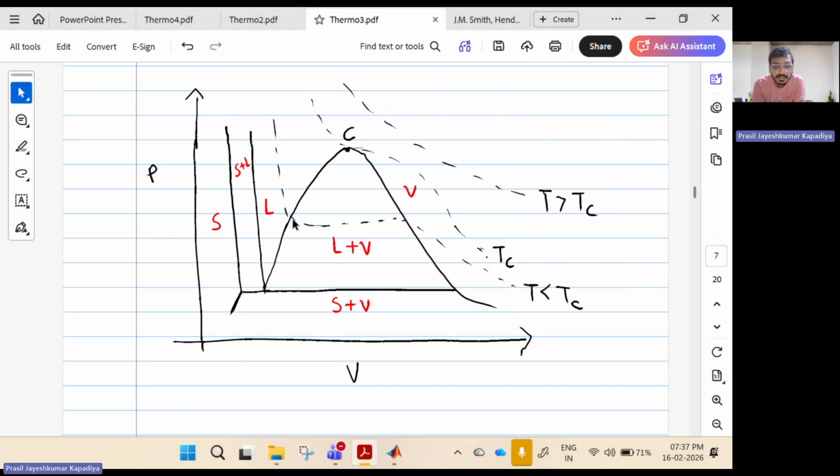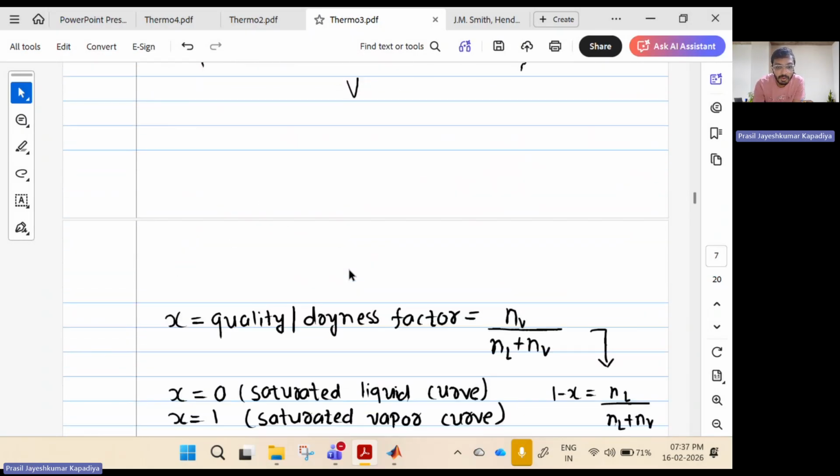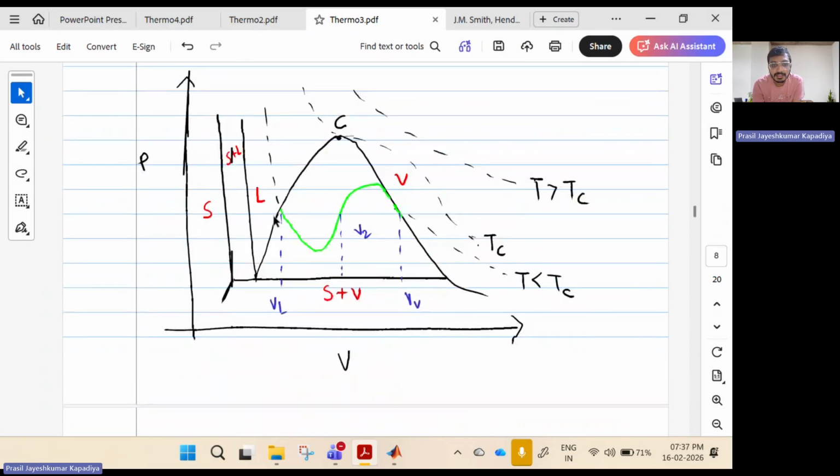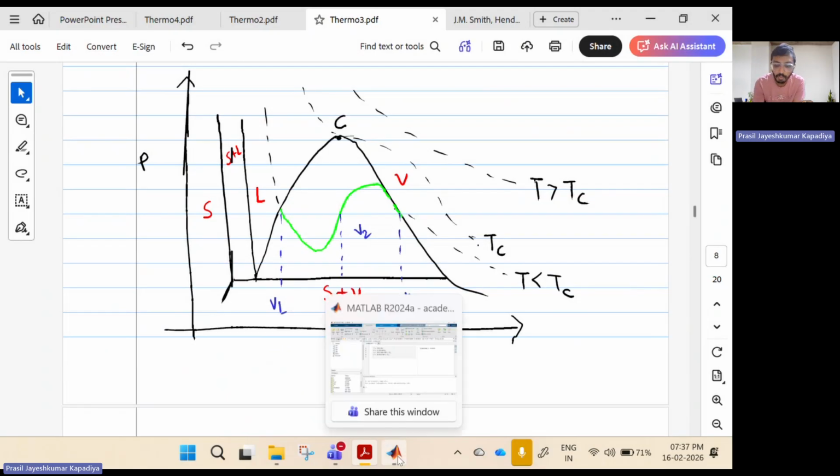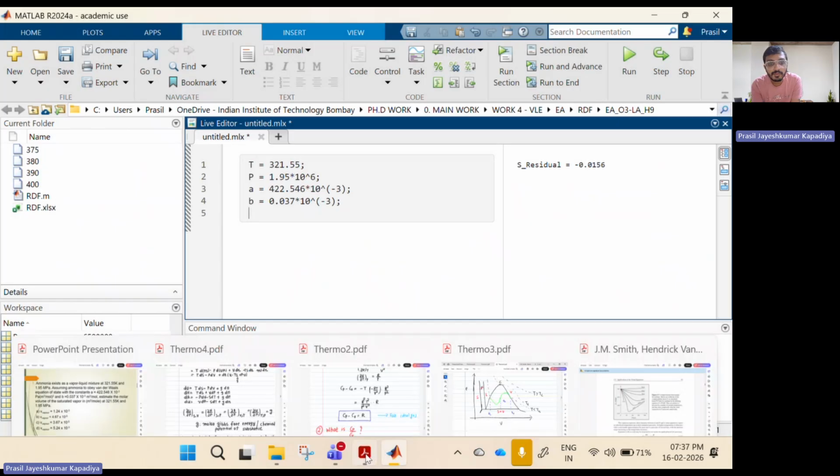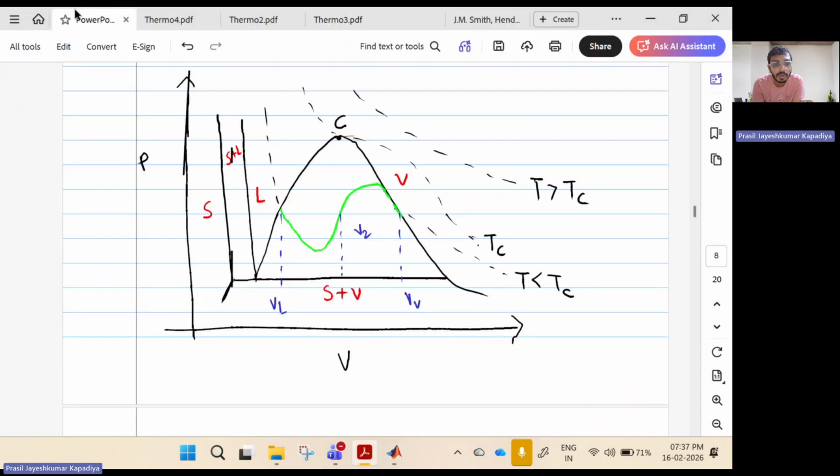According to this line, this is my liquid root, this is my vapor root, and vapor volume will be very high compared to liquid volume. There is one intermediate root that has no significance. So I'm supposed to find my vapor root.